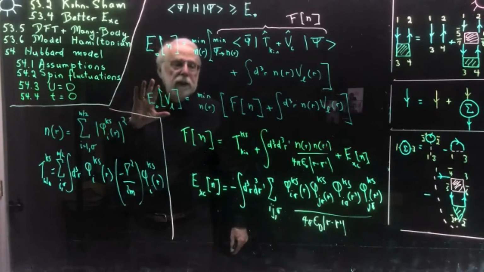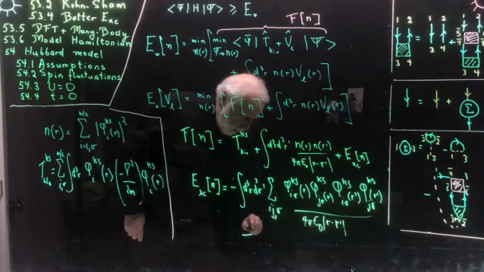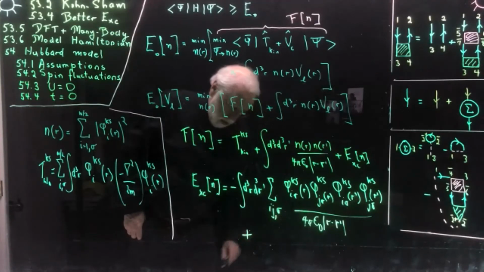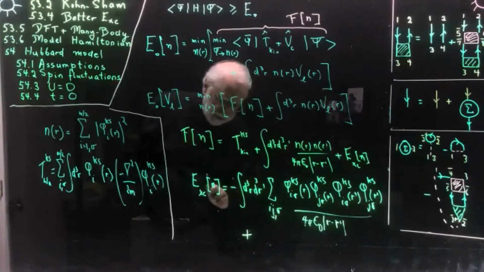But we know that this functional exists, so we will put all our ignorance into the rest. And now what I'm writing is the local density approximation for this functional.